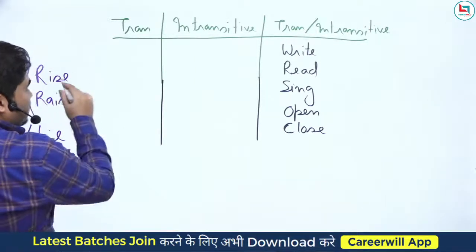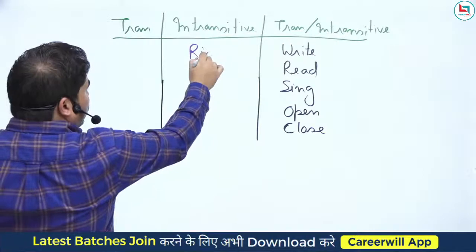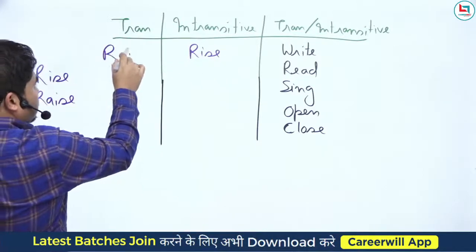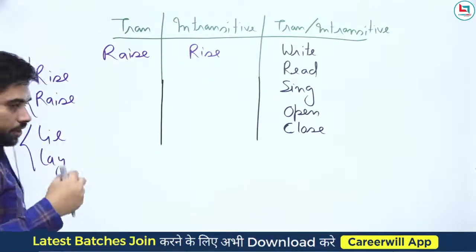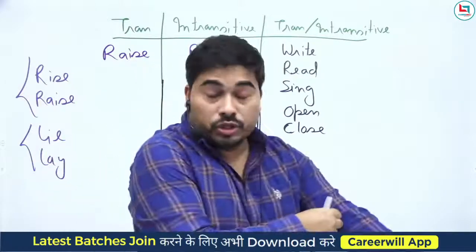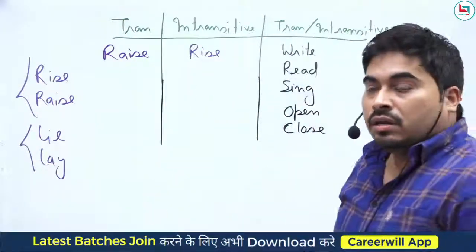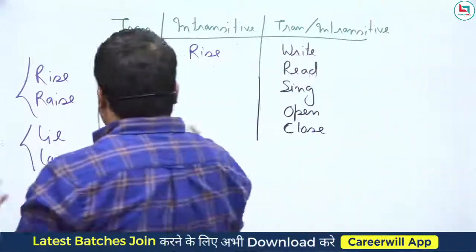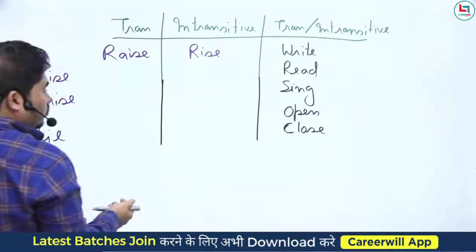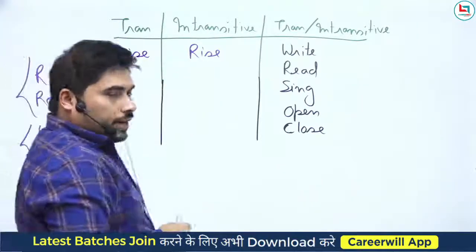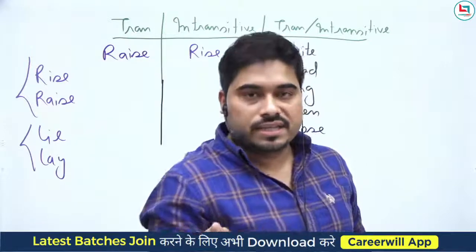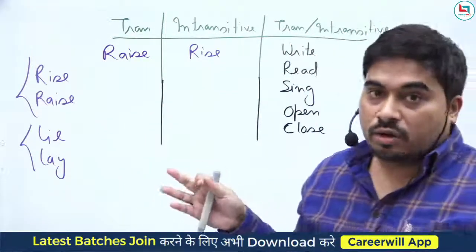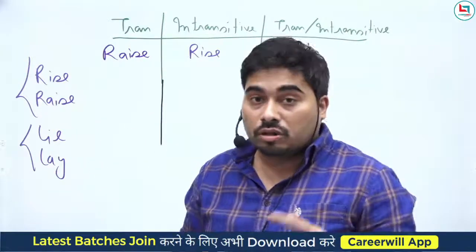So rise is intransitive, whereas raise is transitive, because raise always takes an object. Like you have raised a question, you have raised an issue, you have raised a child, right? Government has raised the price. So raise will always take an object, whereas rise will not take an object, right? Prices are rising, sun rises in the east, and don't confuse this, in the east is not the object.